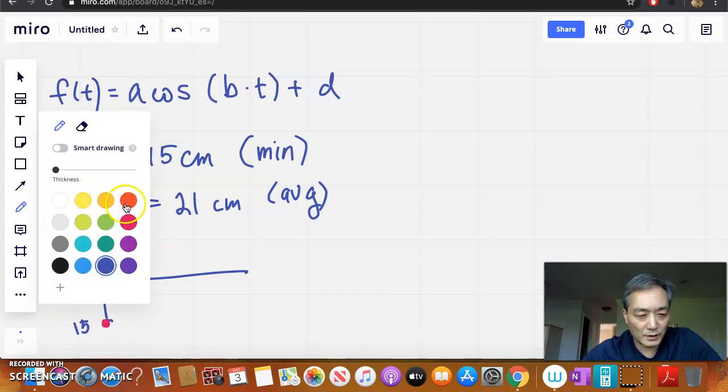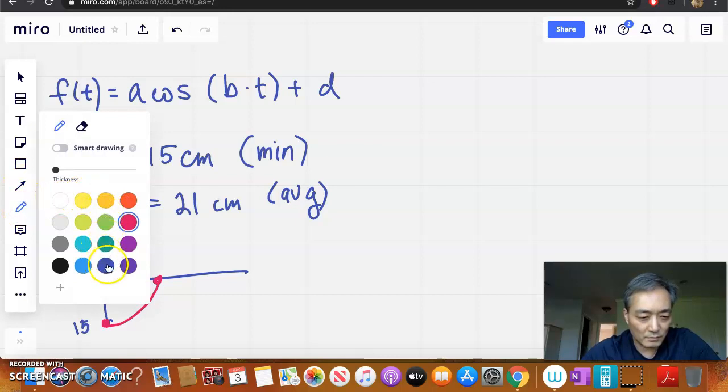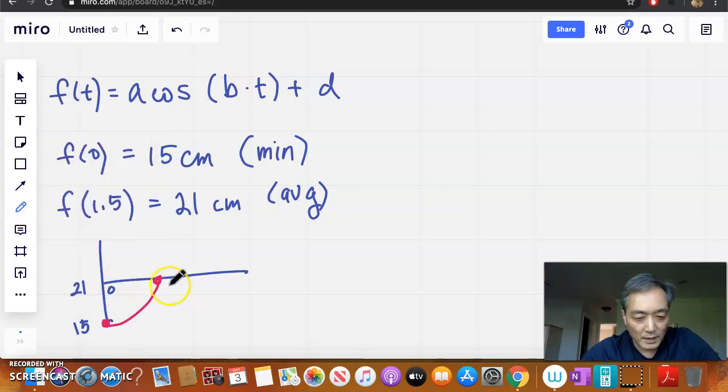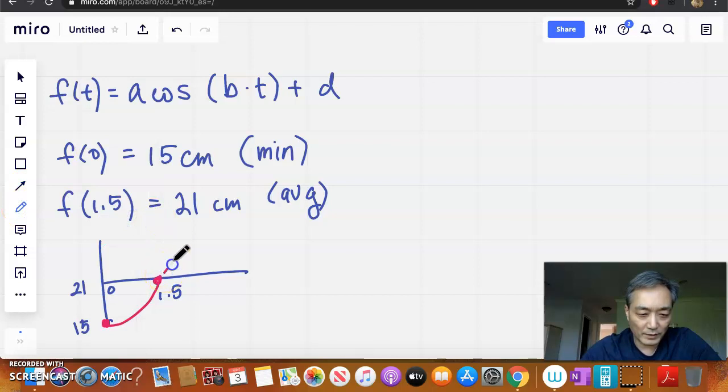So this function kind of looks like this. It goes up and hits the average like that. And this thing is going to keep going because it's sinusoidal. It's going to keep going up, then turn around, come back down, and so on.